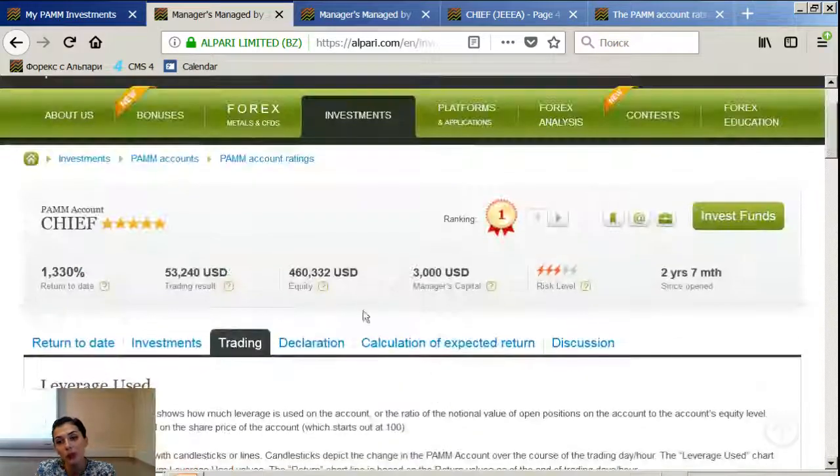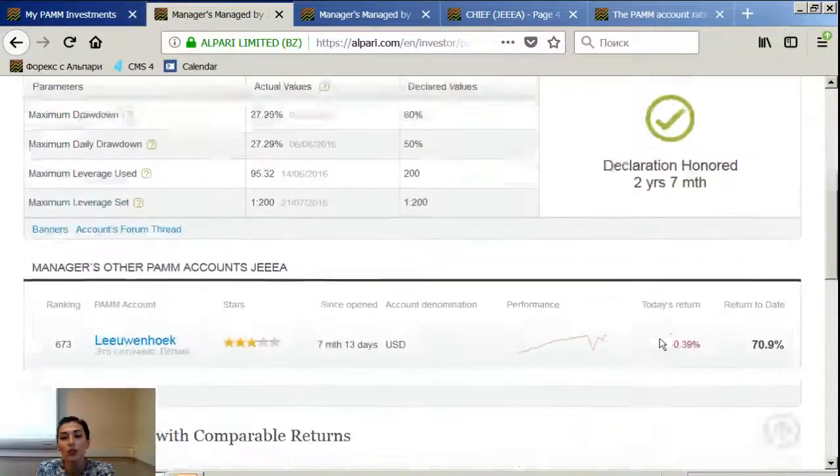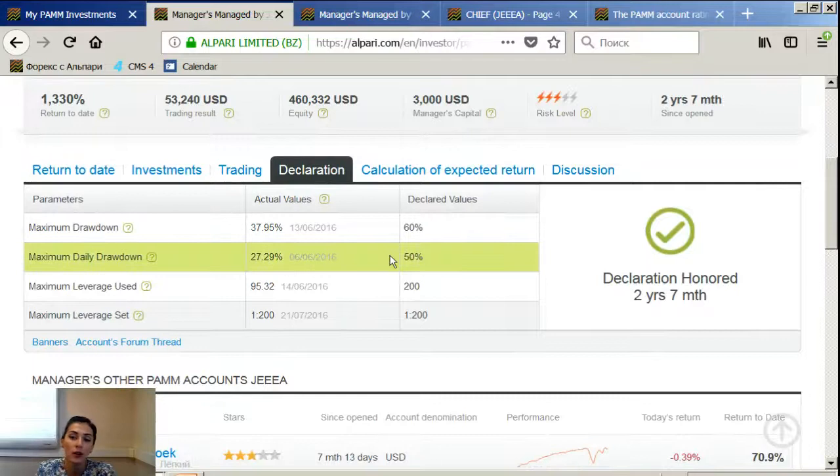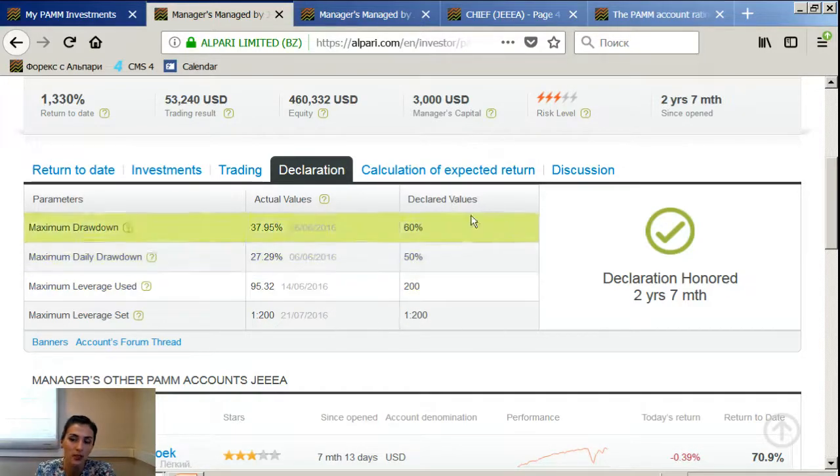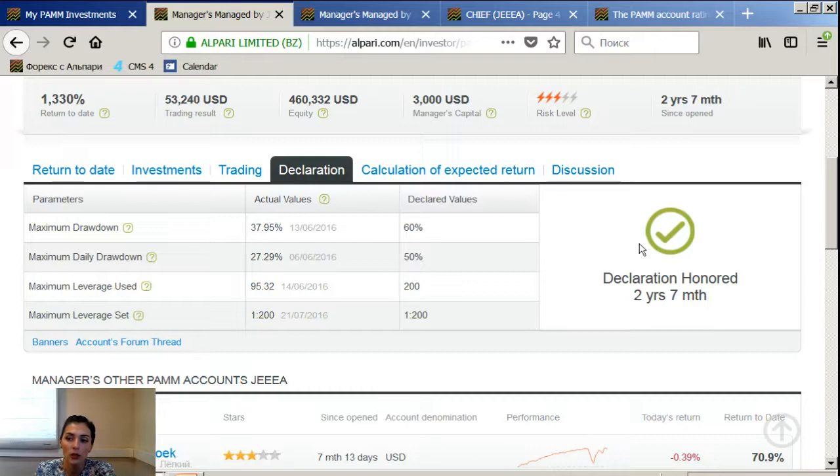Okay, here we are. Declaration, this is the information source where you can see declared values defined by the manager in accordance with his strategy, and if actual values hit these declared values, here you will see the cross, not the point like this.